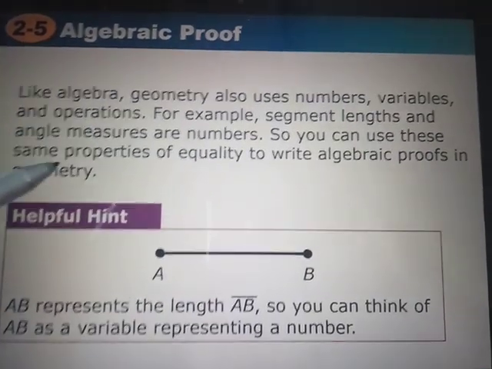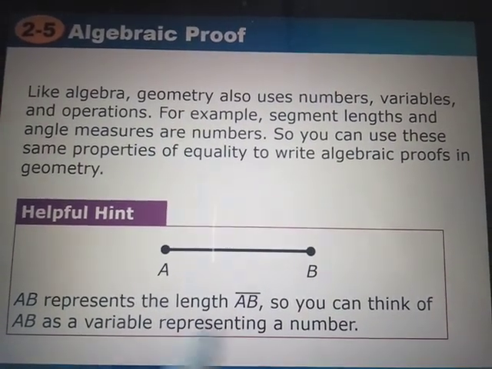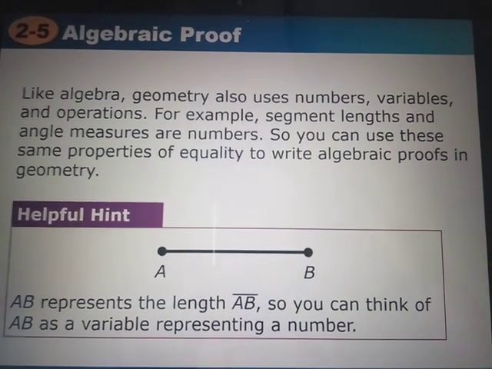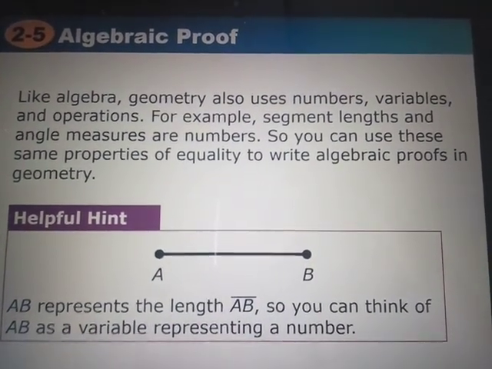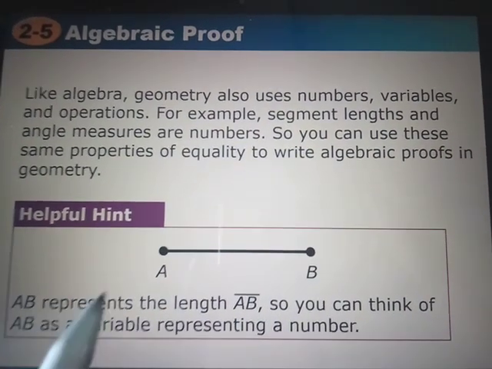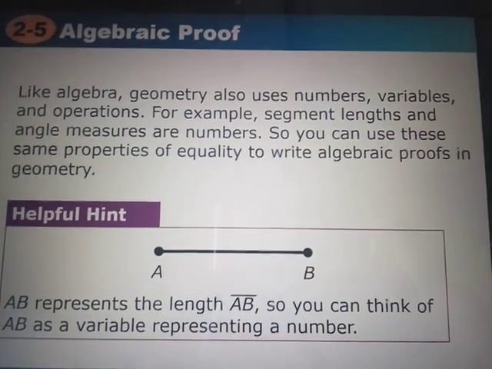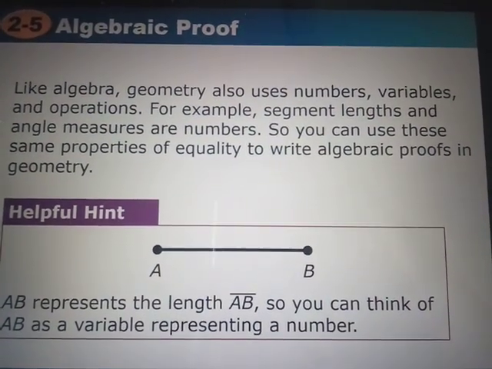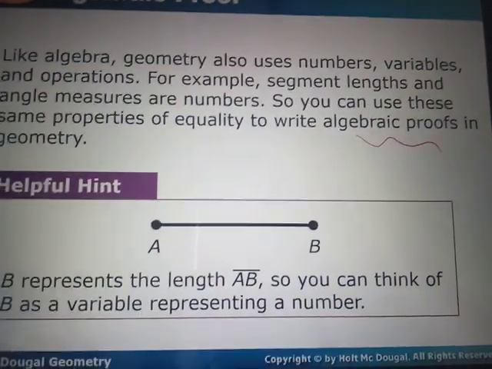Like algebra, geometry also uses numbers, variables, and operations. For example, segment lengths and angle measures are numbers. So you can use these same properties of equality to write an algebraic proof in geometry.